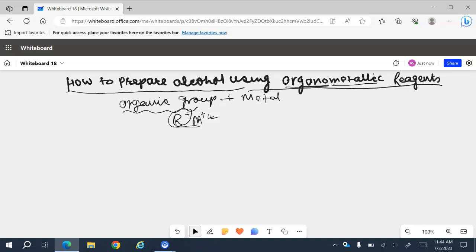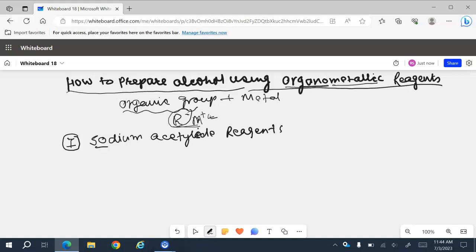Now, there are different types of organometallic reagents in use for the preparation of alcohol. Among them, the first one we will discuss is sodium acetylide reagents.